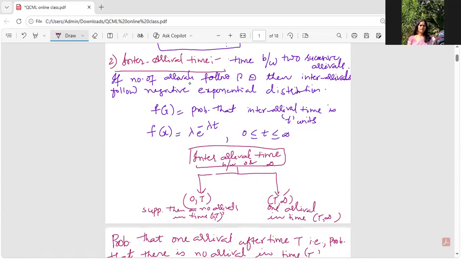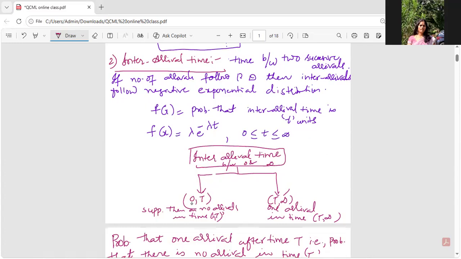All the solutions to differential equations are exponential functions, and usually they tend to have a negative sign so that the solutions converge and do not diverge to an infinite value. So f of t is equal to lambda e power minus lambda t, the inter-arrival time function. Now, suppose t ranges from 0 to infinity.